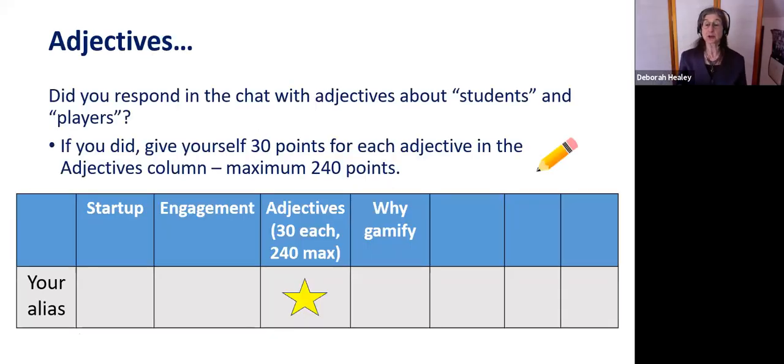And if you're just joining us, please create a table on a piece of paper with a fake name, not your real name, 2 rows, 8 columns, and call one column adjectives. Did you respond in the chat or comments with adjectives about students and players? If you did, in the adjectives column, give yourself 30 points for each adjective you added in the chat, a maximum of 240 points.